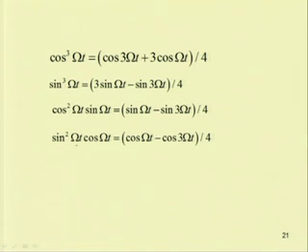Similarly, cos²ωt into cos ωt equals (cos ωt minus cos 3ωt) by 4. For example, this cos²ωt into sin ωt: for this cos²ωt one can write 1 minus sin²ωt, into sin ωt.